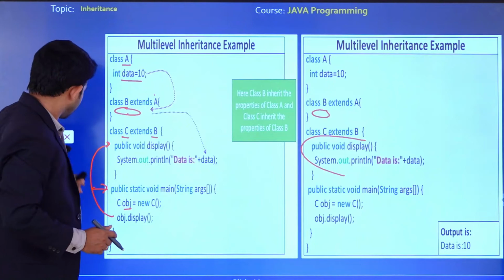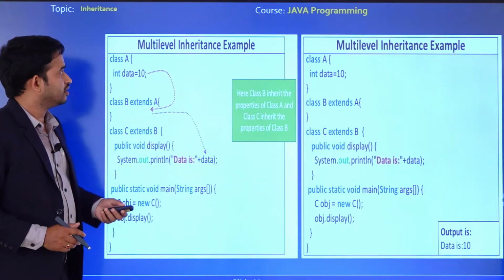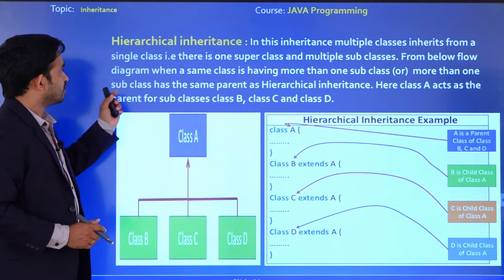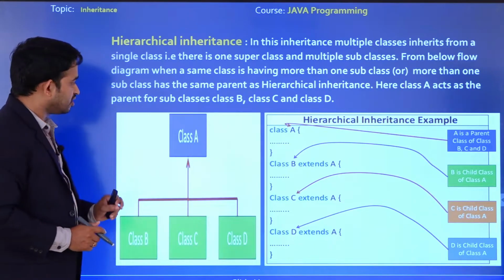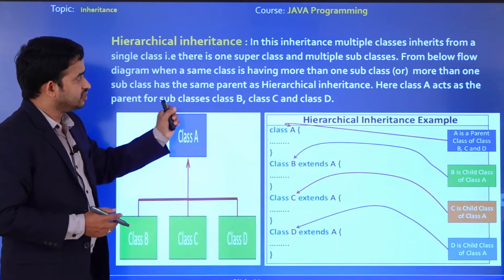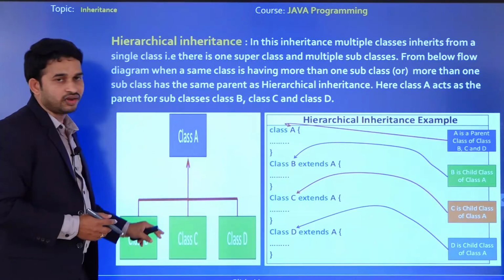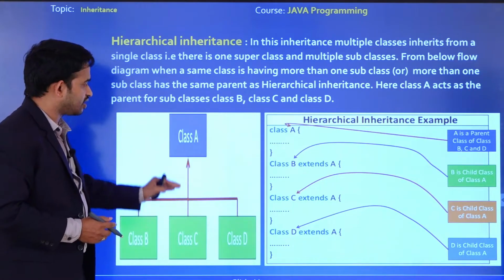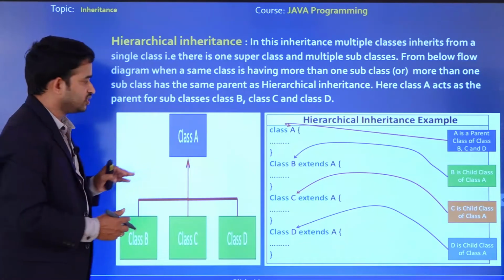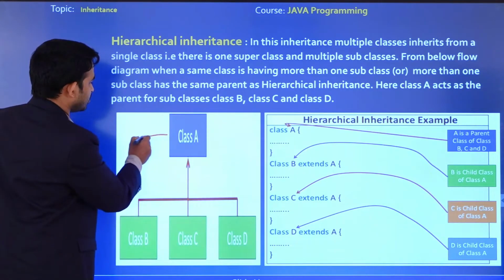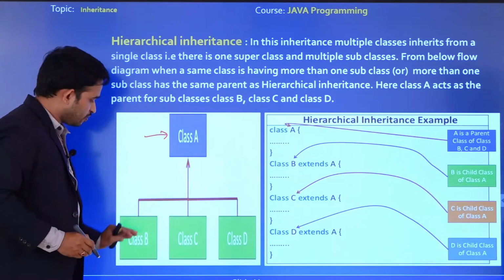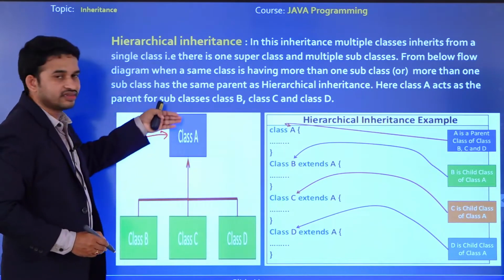Next, the next type of inheritance is hierarchical inheritance. What is the meaning of hierarchical inheritance? In this inheritance, multiple classes inherit from a single class. Here the single class is class A. Multiple classes acquire the properties of a single class.